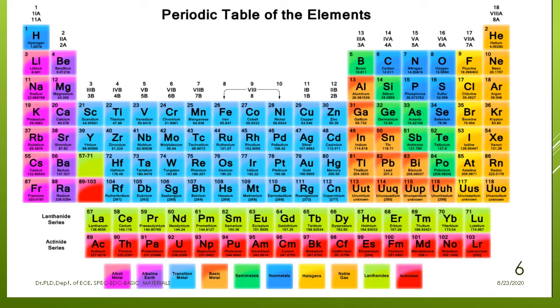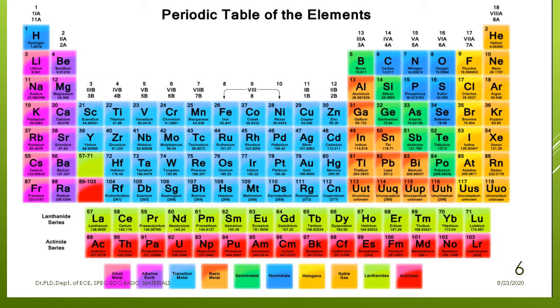This is just an example I am showing here: the periodic table of the elements. There are pentavalent elements and trivalent elements. Boron, here you can see 3A group, that is the 13th column.